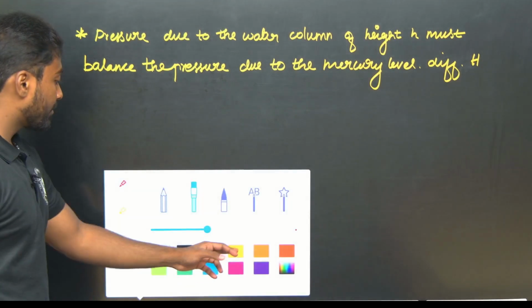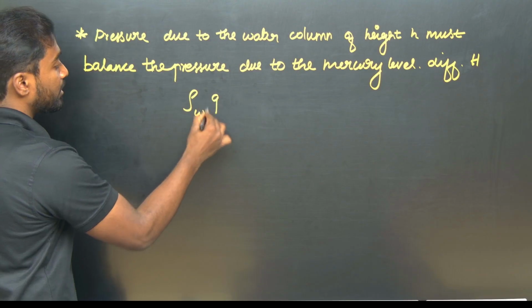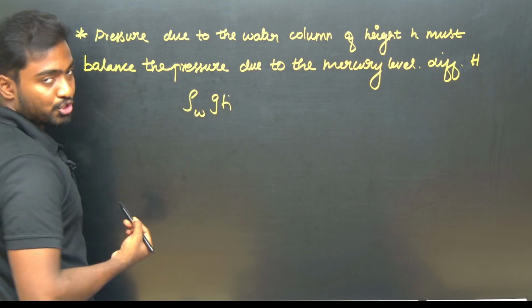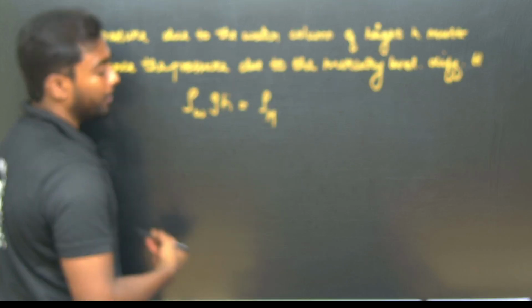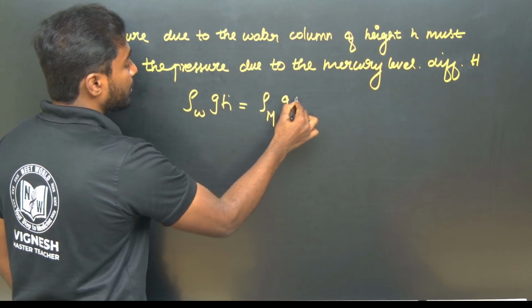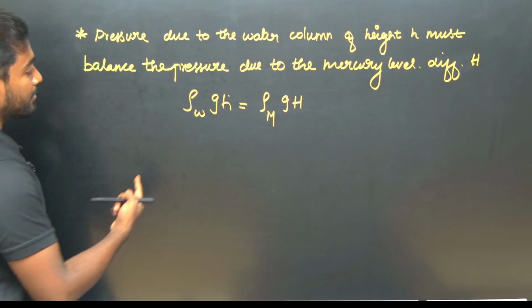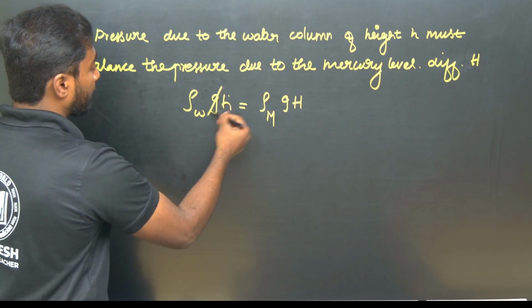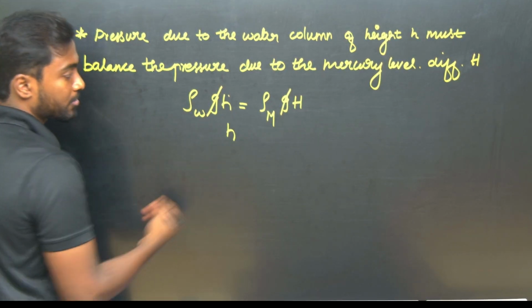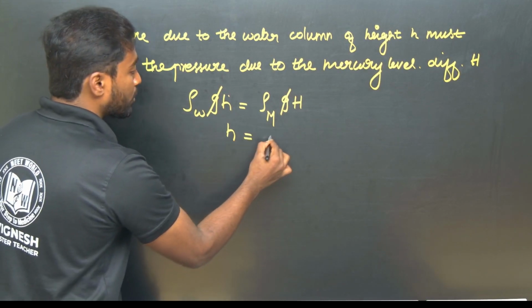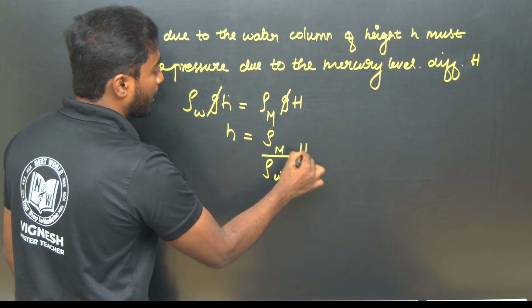So I can write density of water into g into H equals density of mercury into g into h. The g and g can be cancelled, and I need to find the value of H, which equals density of mercury by density of water into height h.